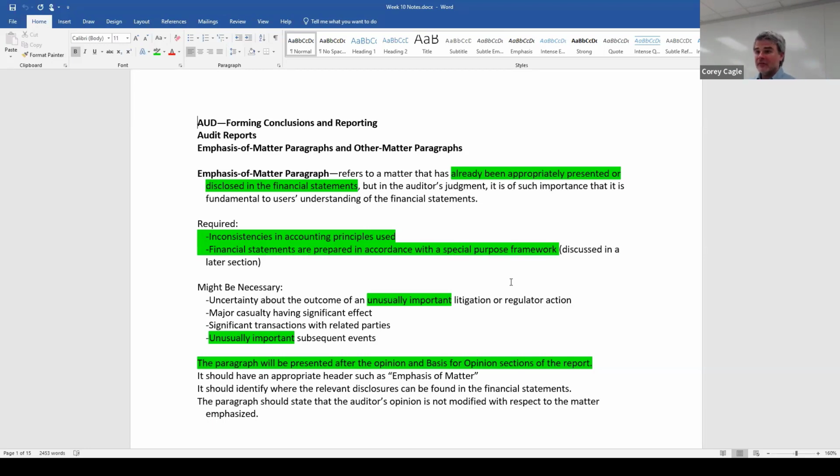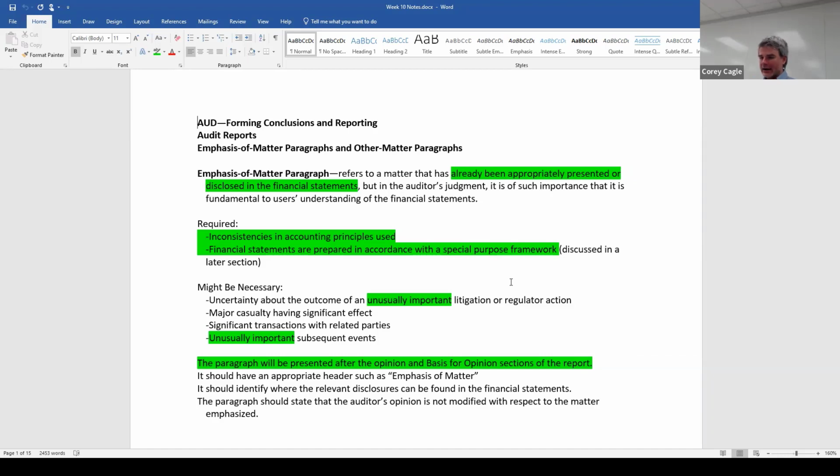So here we go. Emphasis of matter paragraph. It refers to a matter that has already been appropriately presented or disclosed in the financial statements. But in our judgment, it's so important that it is fundamental to their understanding of the financial statements, and we need to highlight it.